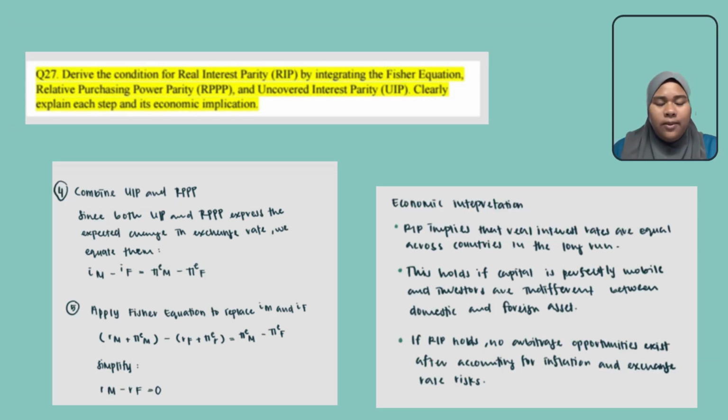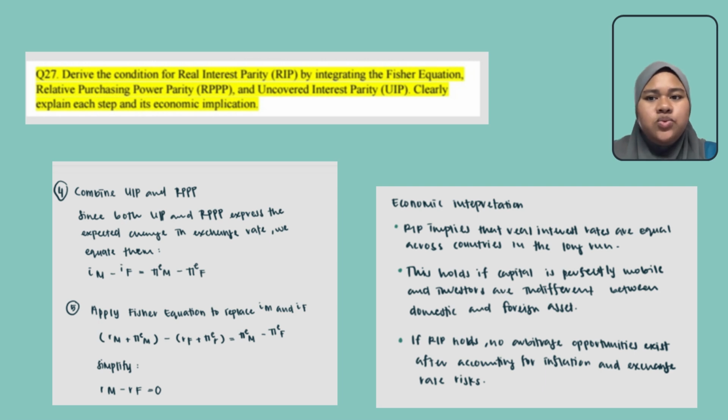So we need to combine UIP and RPPP. Since both UIP and RPPP equate to the expected change in the exchange rate, the formula will be i foreign minus i domestic equals pi foreign minus pi domestic.